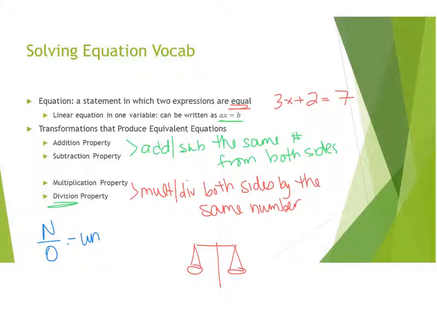That's going to give you an undefined value. But remember, it is okay to have 0 on top. That's going to give you 0. So technically, the division property says you have to divide by a non-zero number.